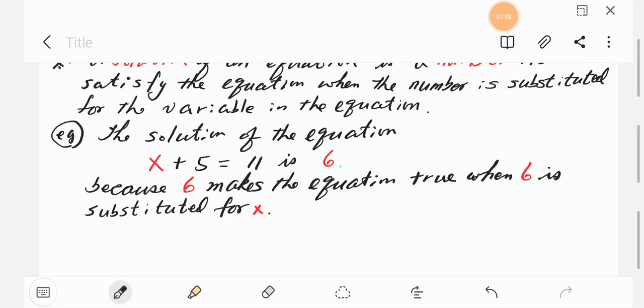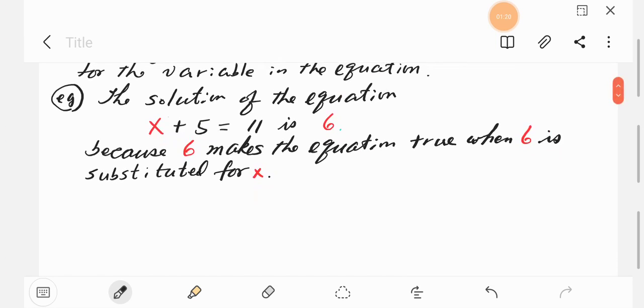Then the solution is 6 because when you substitute 6 for x, then 6 plus 5 will be 11. So the equation will be true. So here, x plus 5 is equal to 11, right? Let's replace this x with the value 6 and check whether this is true.